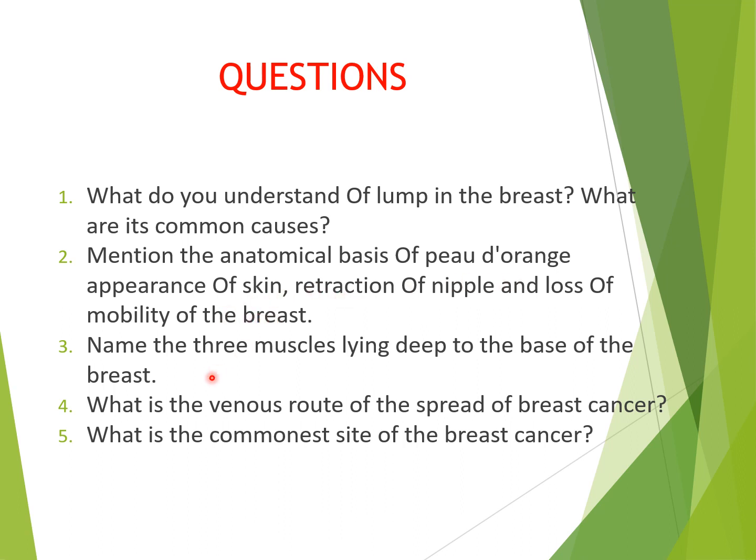Number 3, name the 3 muscles lying deep to the base of the breast. Number 4, what is the venous route of the spread of breast cancer? Number 5, what is the commonest site of breast cancer? We shall discuss answers for these questions at the end of our lecture.